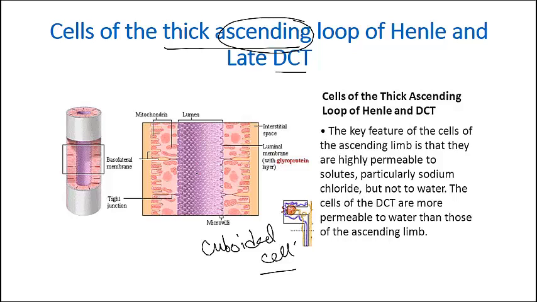If you look here, these are microvilli that we are seeing, but they are very small, and the number is also very few. In addition, the luminal membrane is covered by a glycoprotein layer. So if you look here, this is the luminal membrane, and that is covered by this glycoprotein layer outside. So, very small and few microvilli, and a luminal membrane covered by a glycoprotein layer.